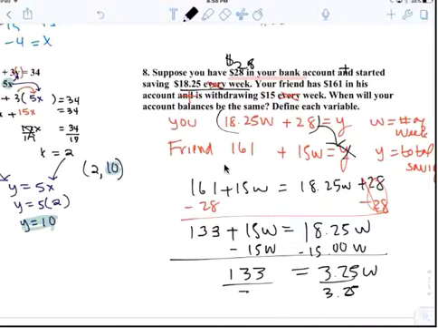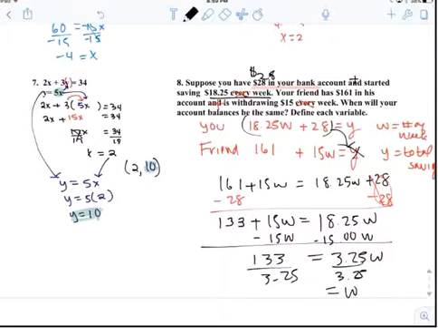Divide by 3.25. Use a calculator. W equals, so how many weeks? Do I have a calculator component in here? No, you divide and find when your balance will be the same. You divide that and you get the number of weeks.